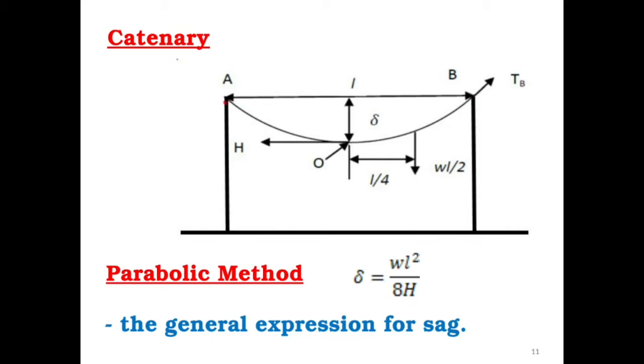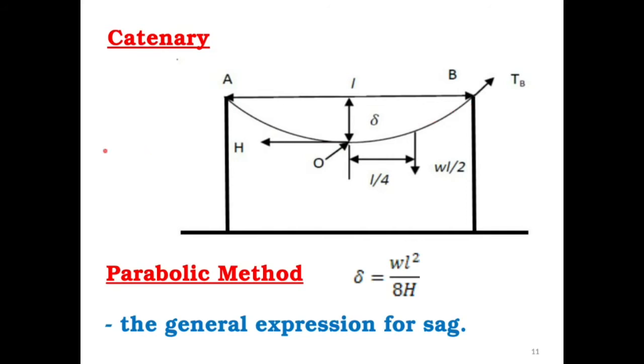When we string a conductor in between these two supports, the tensions are mainly here, TA and TB, and horizontal tensions will be working at each and every point of the conductor from A to B.